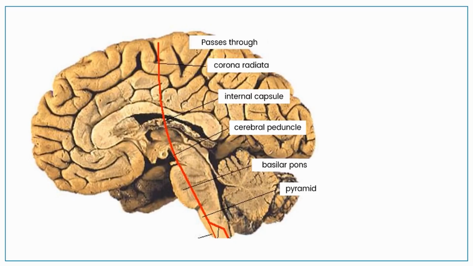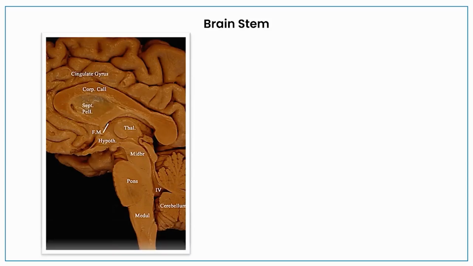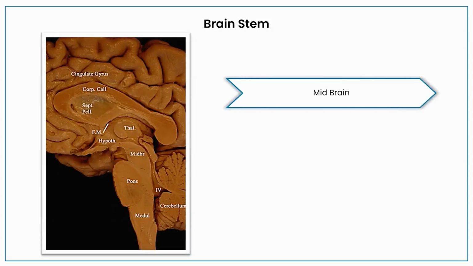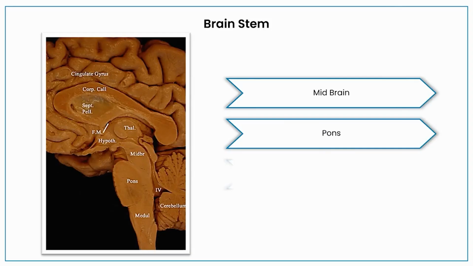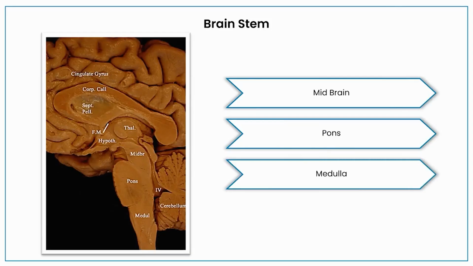Now what are the parts of the brainstem? We all know the brainstem has three components: the midbrain, the pons and the medulla. So when I say the CT scan is going to show the brainstem first because it goes from below upwards, what do you think will be the first image in a CT scan?